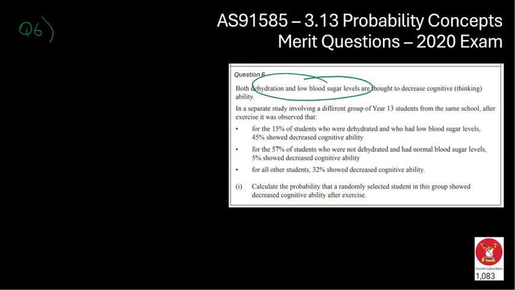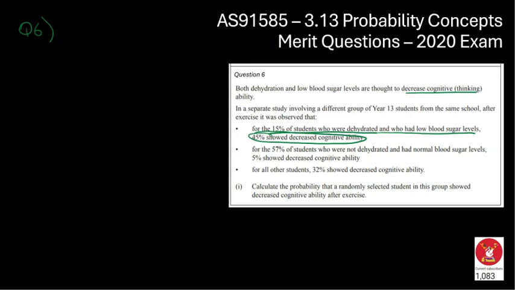Carrying on with the dehydration and the blood sugar theme from the previous question, but we actually didn't need any of that information. Both dehydration and low blood sugars are thought to decrease cognitive thinking or cognitive ability. So it's another variable that they're throwing in there. In a separate study involving a different group of year 13 students, it was observed that for the 15% of students who were dehydrated and who had low blood sugar, so that's having both, 45% of them had decreased cognitive ability.